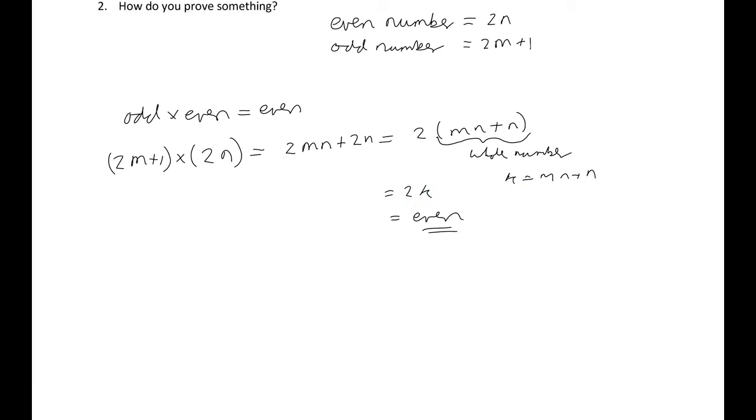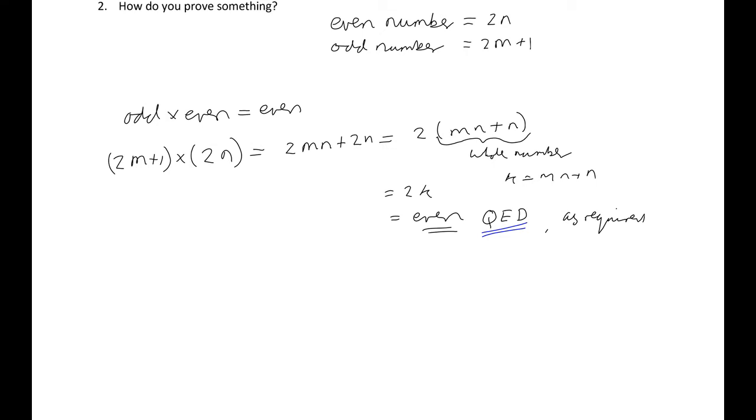This is just me trying to make it look very much like that, because remember, n could be any number. k is just, again, some number which we've got out of that. All I'm saying is that it's 2 times a number, therefore it's even, because 2 is a factor of it. So you have now proven it. And if you want to get a little bit of lingo, QED. That's what we write after a proof, or I write 'as required'. But QED is technically the best way of doing it. So that is an example of a proof.